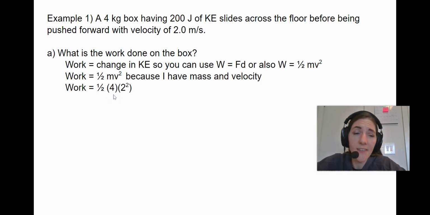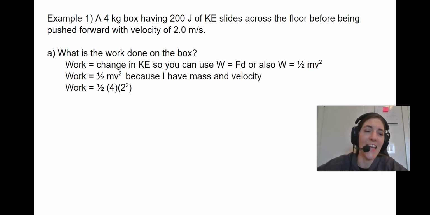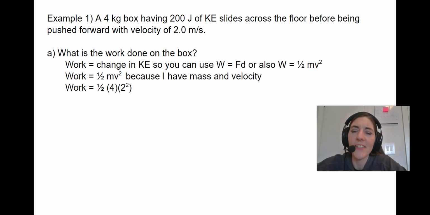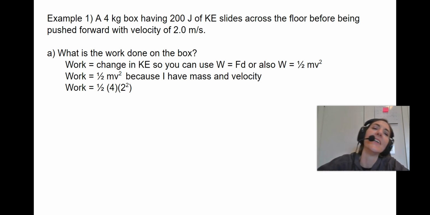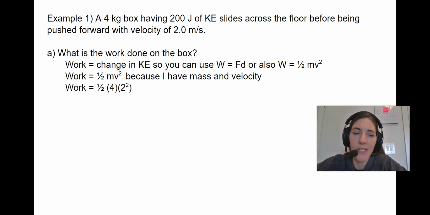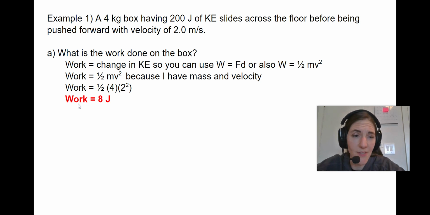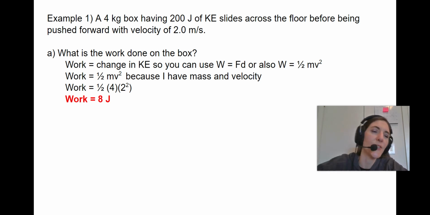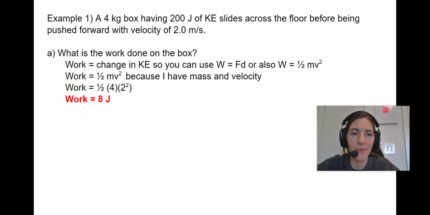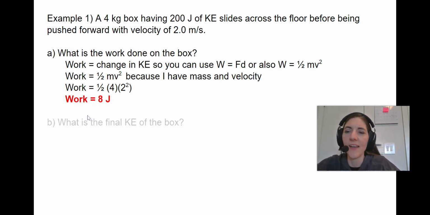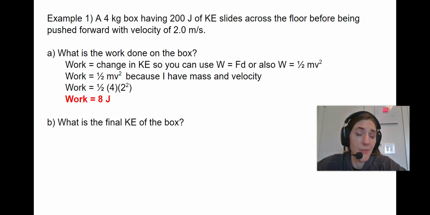So the work, what was added energy to the system, is 1/2 the mass of 4 times the velocity of 2 meters per second squared. So that is 8 joules. So 8 joules of energy was added to this box that was sliding across the floor. That was the work that was done on it.